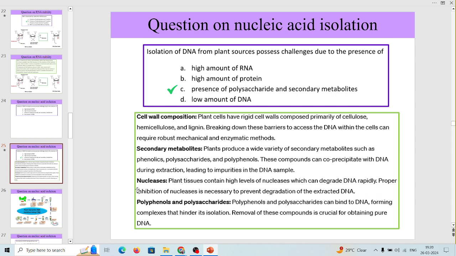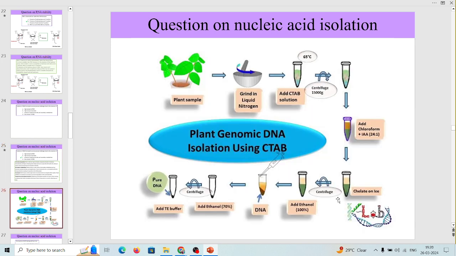Nucleases, polyphenols and polysaccharides can bind to DNA forming complexes that hinder its isolation, and therefore it is very important that we remove those compounds, and to remove those compounds we are going to use this CTAB isolation method.